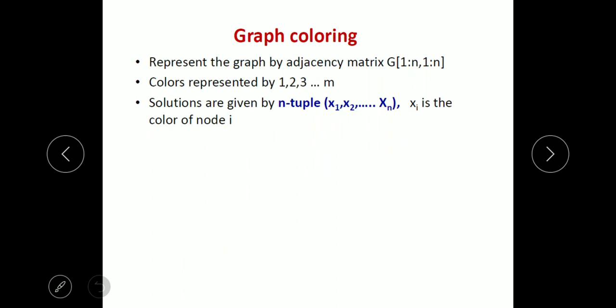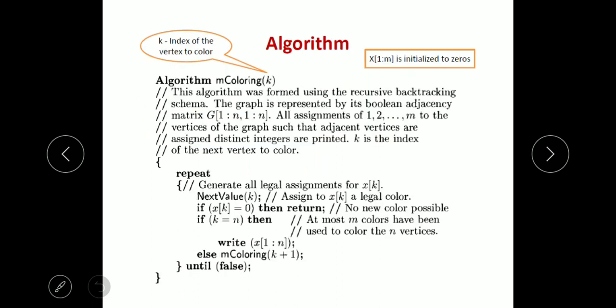G is an adjacency matrix with n rows and n columns, where n stands for the number of vertices in the graph and m stands for the number of colors required. We obtain the solution in an array X, which has n tuples, where Xi represents the color assigned to node i.